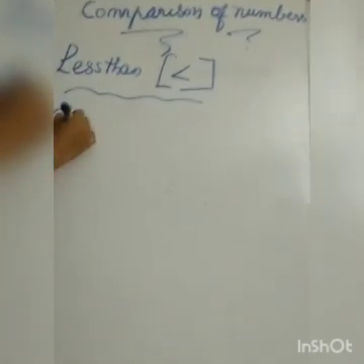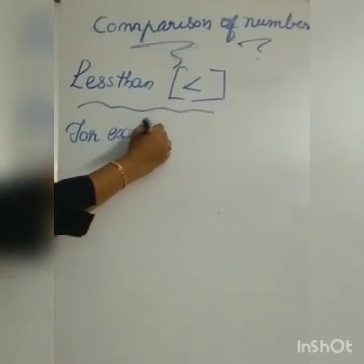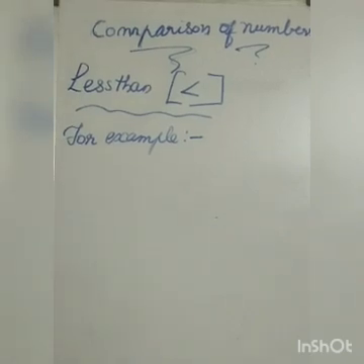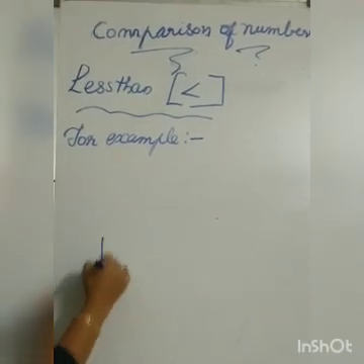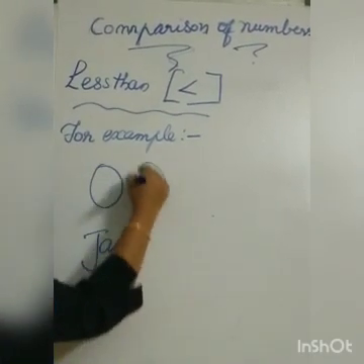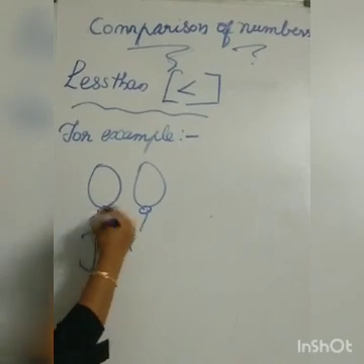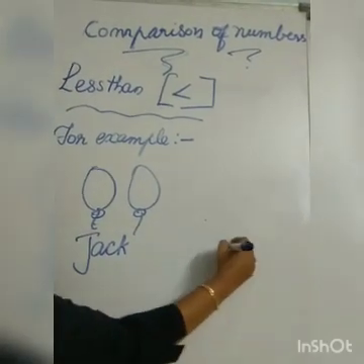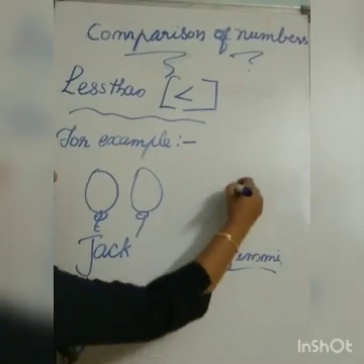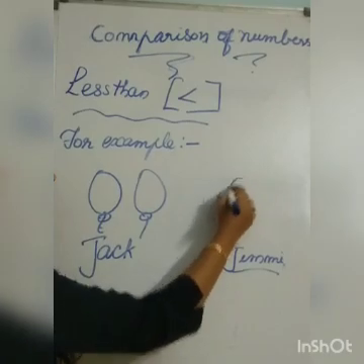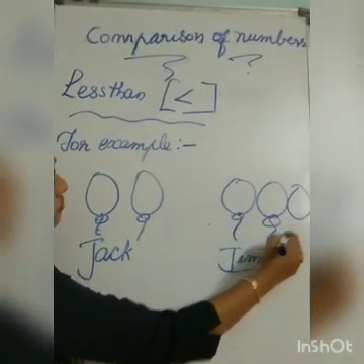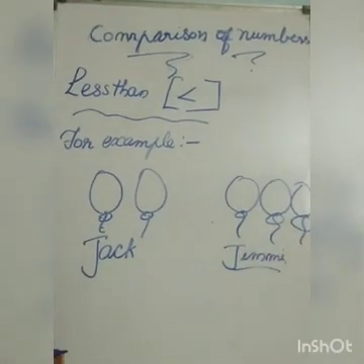For example, Jack has 2 balloons and Jimmy has 3 balloons.